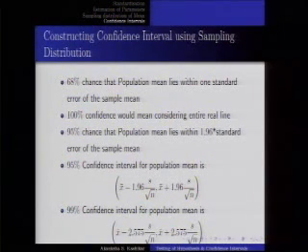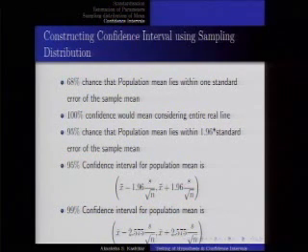Thus, we are 95% sure that my population mean mu lies in this. What does it mean? Now this means that if suppose I draw a large number of samples, for example say 10,000 samples, then almost 95% of the times, means almost 9,500 times, my population mean will be in the intervals of this type.